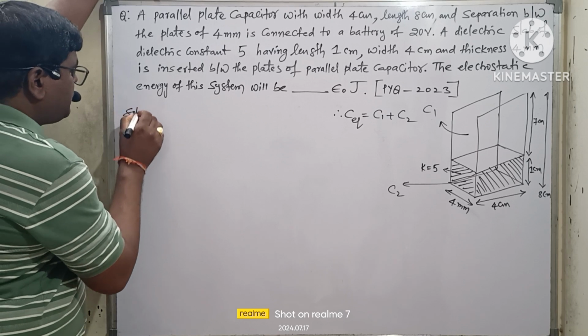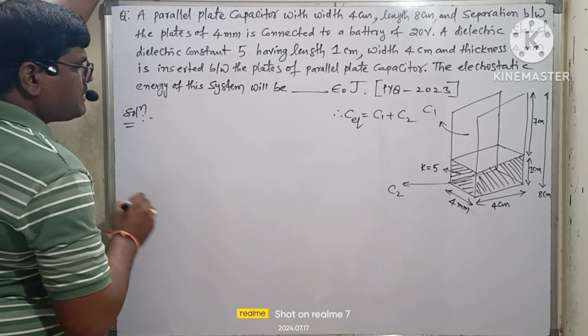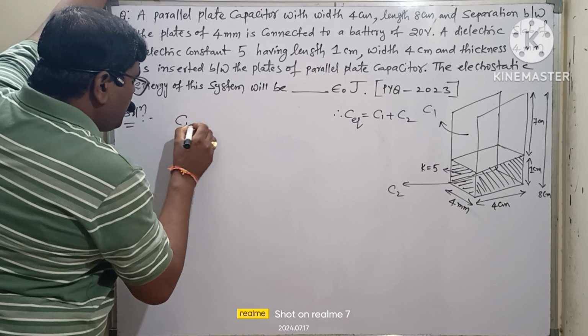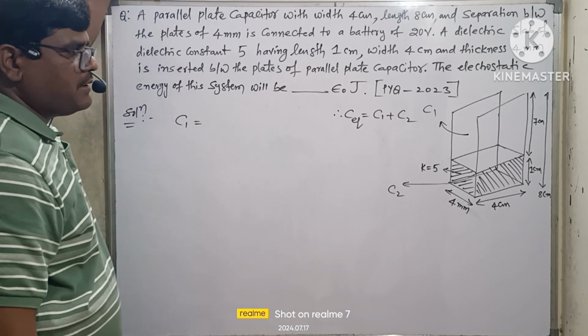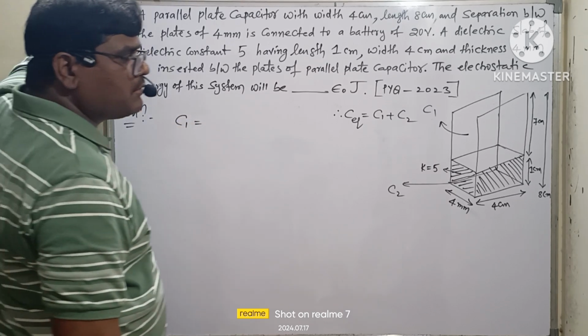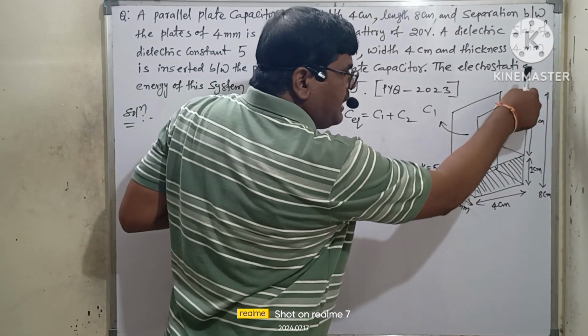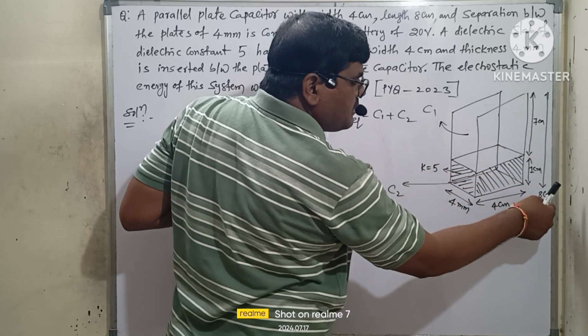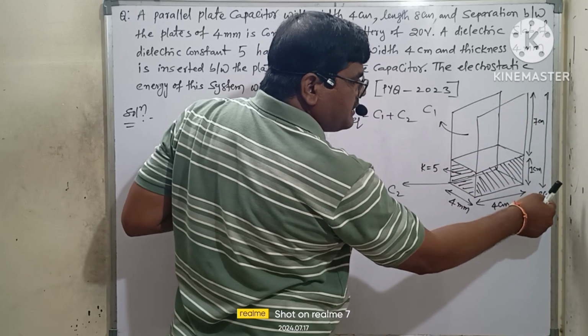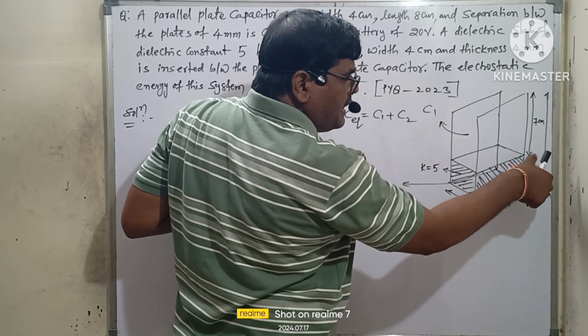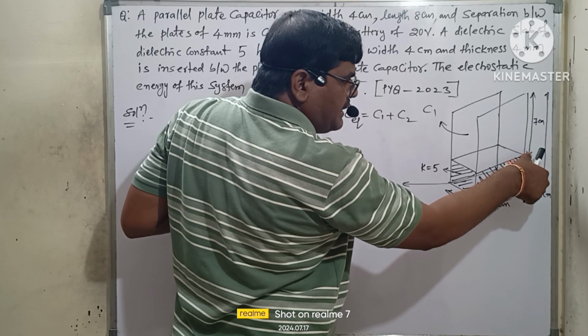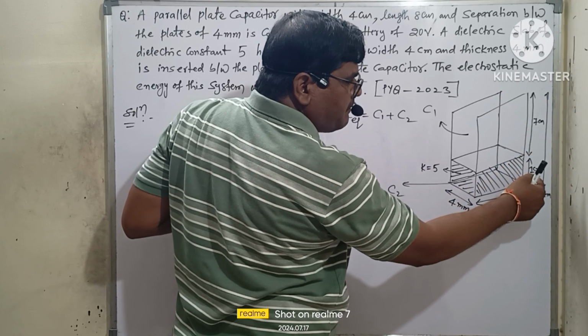Now, the solution for this question. First we have to find C1. Try to understand here: the values are also given, so not only the formula, we have to use the values too. The total length of this plate is 8 centimeter, and the dielectric material has a length of 1 centimeter.